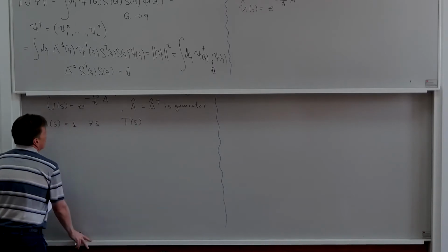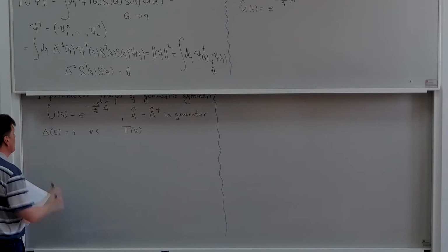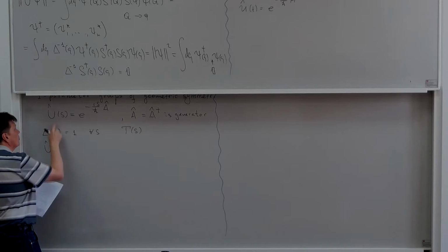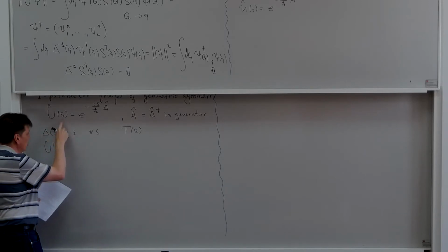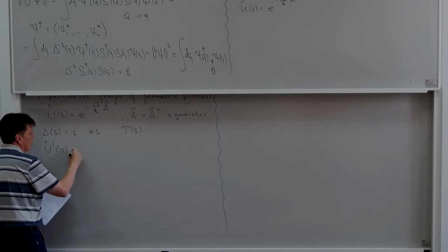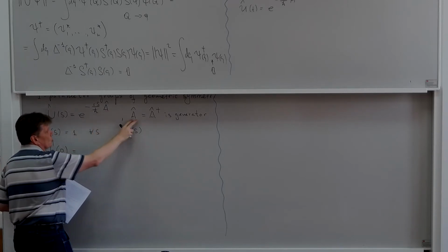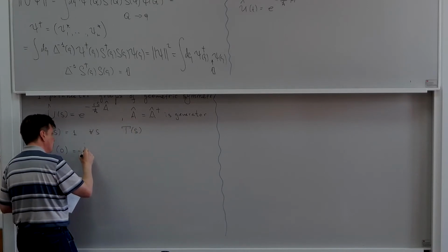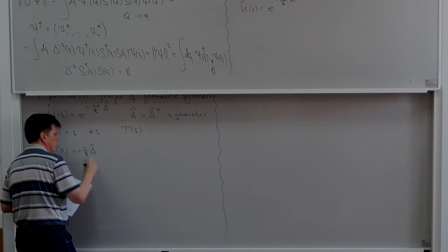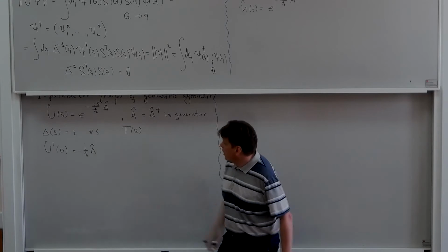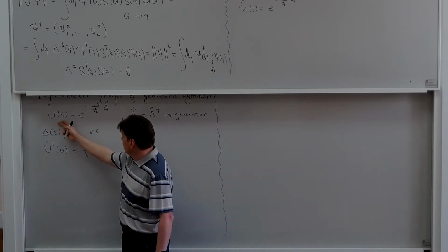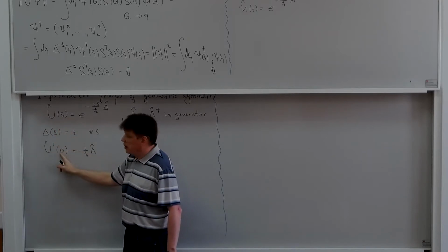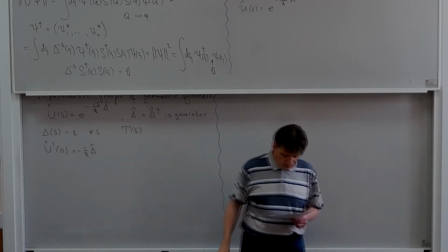Then it follows from the definition of the operator U that the derivative of U with respect to the parameter s, evaluated at 0, gives us something proportional to the generator A. Specifically, we get minus i over h bar A. So we can find the generator of a one-parameter group by just differentiating this family by the parameter and evaluating the result at 0.